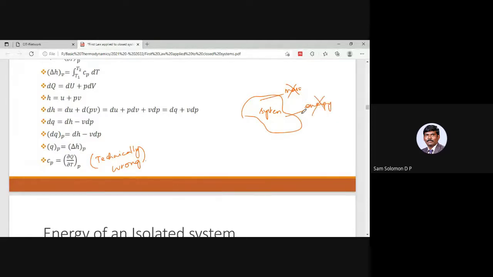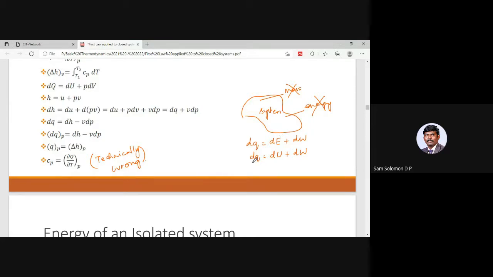Nothing in terms of mass and energy is entering into the system or leaving the system, so it is an isolated system. So if we write dq equal to dE plus dW, because it is a closed system, we can write this as dq is equal to dU plus dW also.